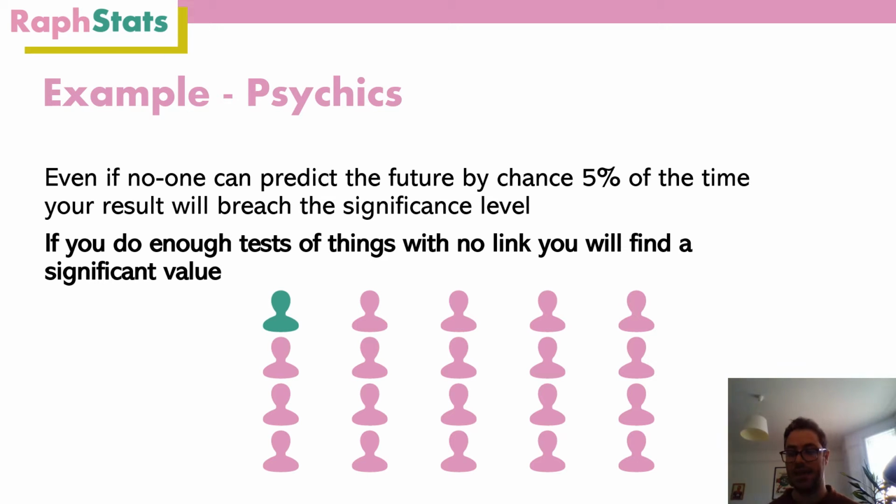You do 95% to the power of 20, because there's a 95% chance for each person that you won't find this difference, and you raise that to the power of 20 to find the true probability. But over half the time you will find someone in this population who is statistically significantly better than chance.